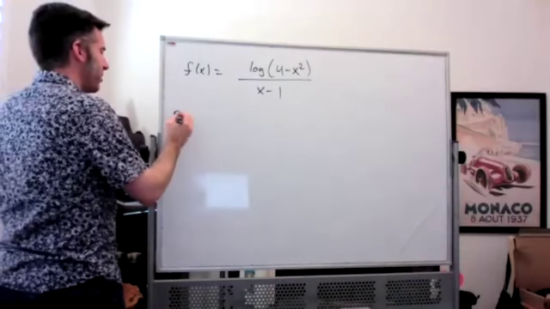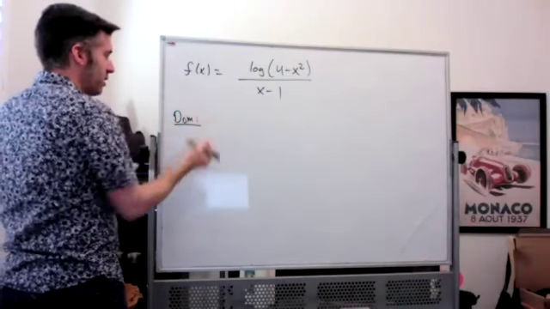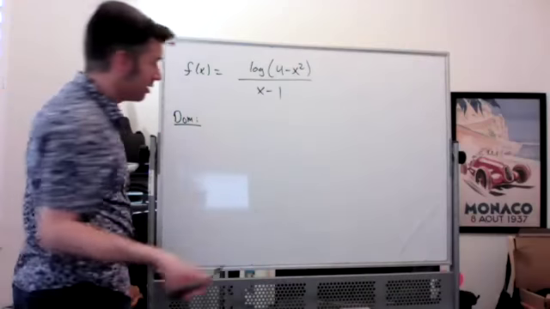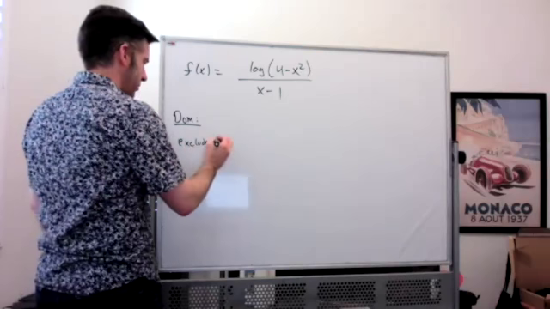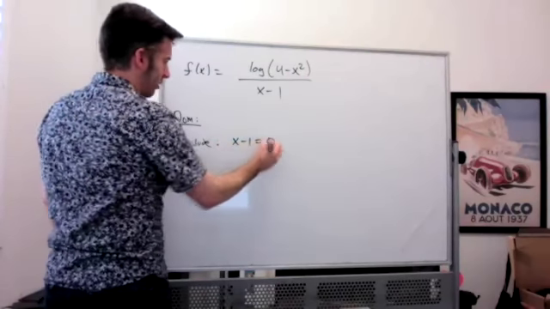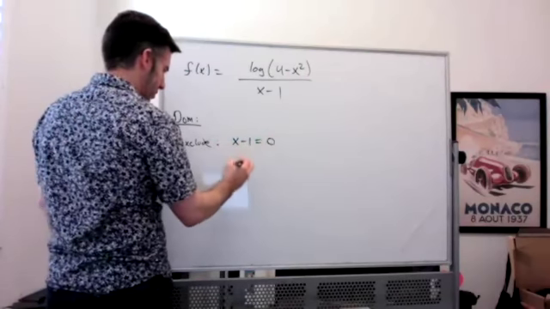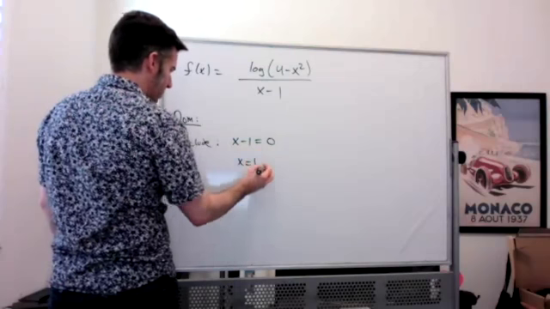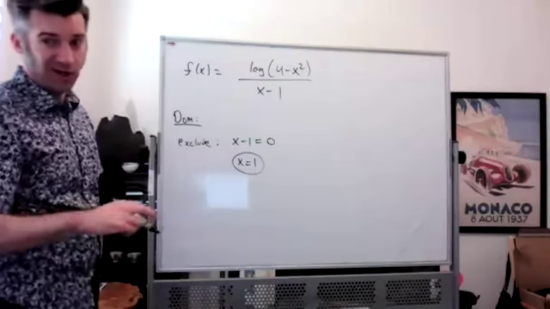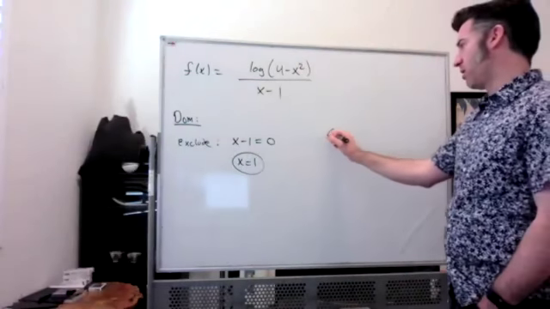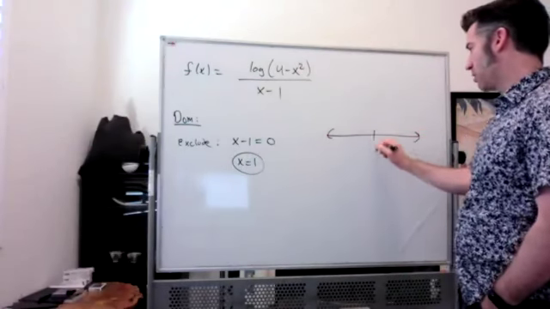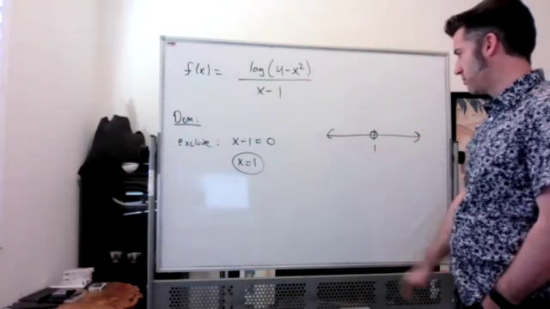So for the domain here, there's two things we have to worry about. We have to worry about division by 0. So we want to exclude x minus 1 equal to 0, aka exclude x equal to 1. So we don't want 1. 1 is out. At this point you could, on your number line, mark that there's 1, I don't want it.